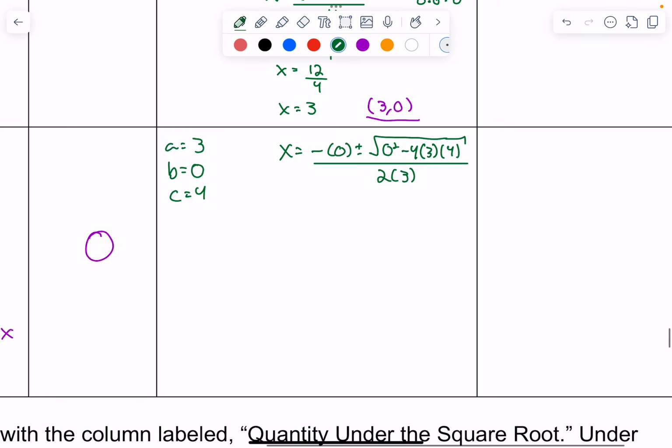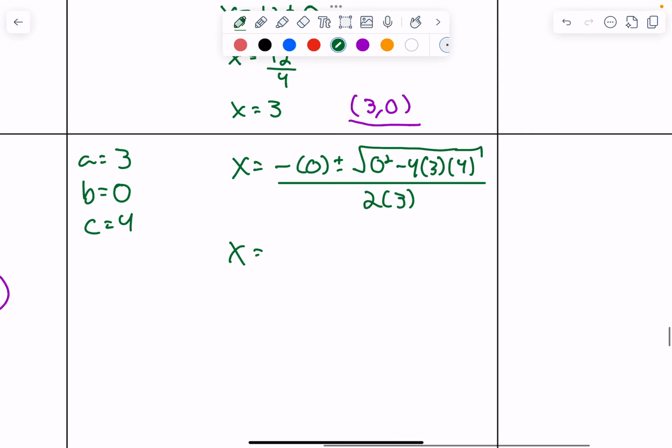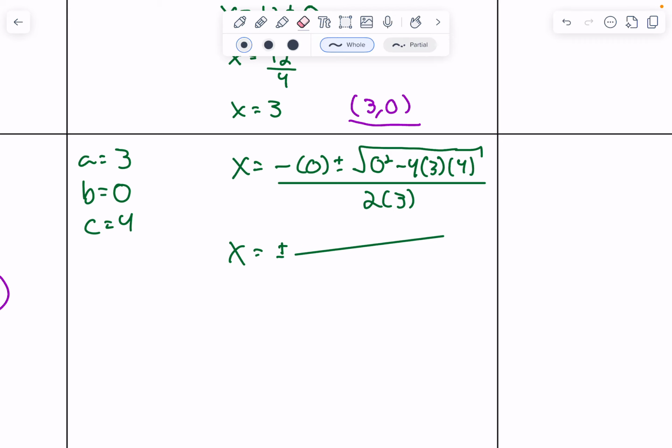So we get x equals, well, negative 0 doesn't do anything, so it ends up being plus or minus the square root of 0 squared minus 4 times 3 times 4, so that would be minus 48, all over 6.